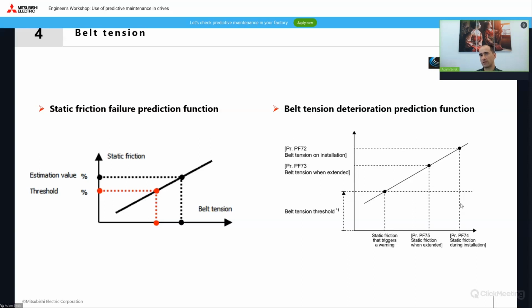In this case, we need to set these values. We need to find them in the documentation of the linear system and set those parameters by ourselves. But we have more accurate data in this case. So using those two functionalities, we can diagnose the belt condition in our application.